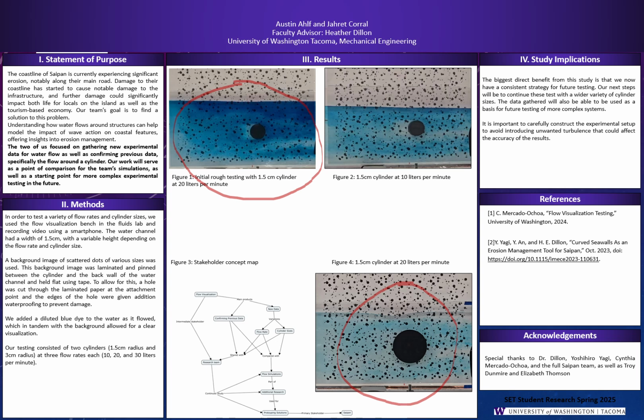It's a little harder to see in there, but you can notice if you're looking carefully that the little dip here is shallower than in the faster flow rate. The main benefit of our testing really is preparation for further, more complex testing down the line with more advanced systems, different size cylinders, all that sort of thing.